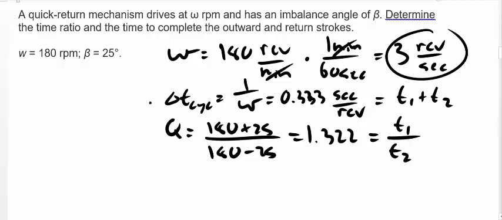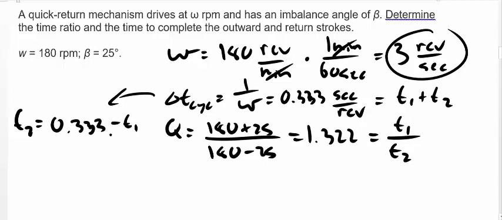And then from what we have here, T2 is equal to 0.333 minus T1. So then you can plug this into the denominator over here. We have T1 divided by 0.333 minus T1.